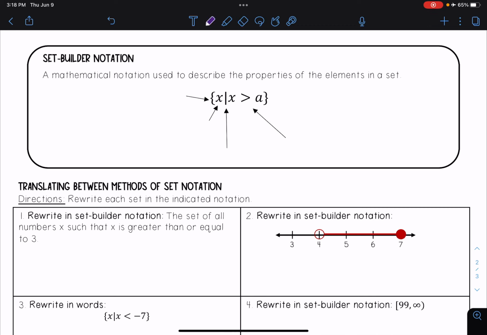The curly brackets, you should read that as the set of. That first x you should read as all numbers x. That line there should be read as such that.